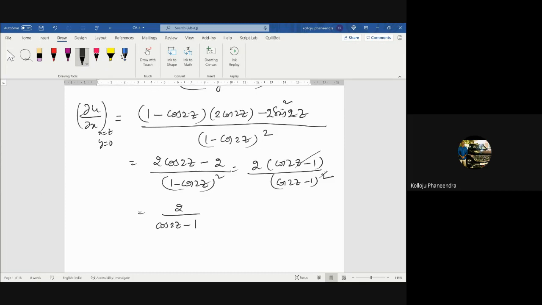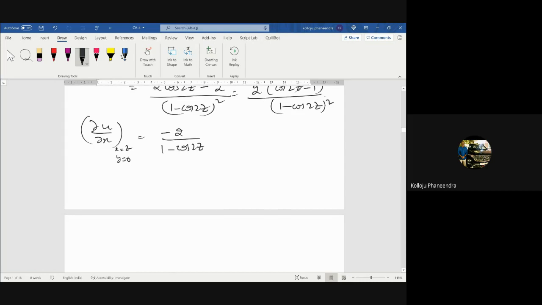I will take 1 minus cosine 2z whole square. So minus is common, both are the same anyway. 1 minus cosine 2z. This is the value of dou u by dou x at x equal to z, y equal to 0, right? Next one, what is that? Dou u by dou y.